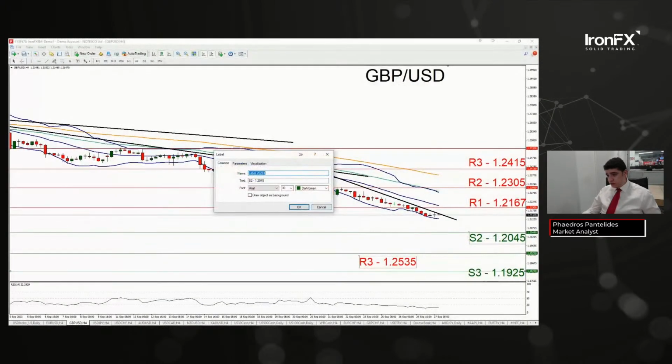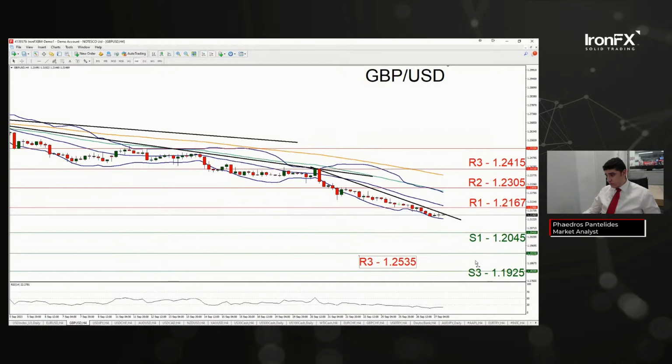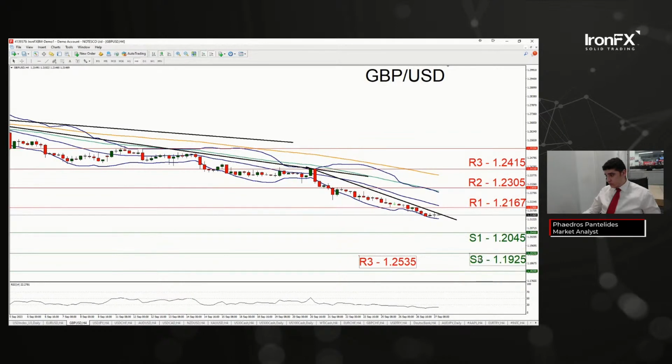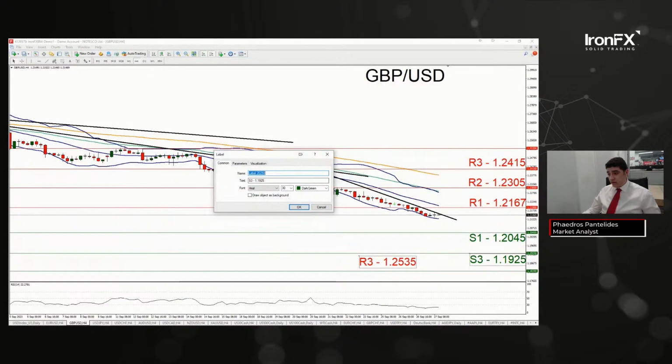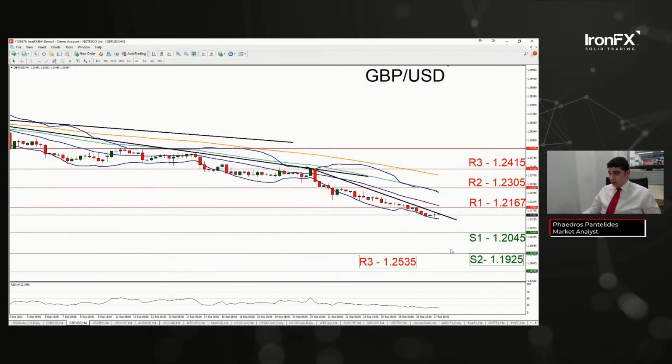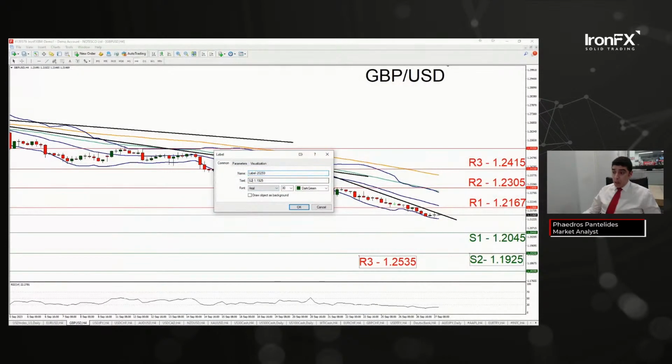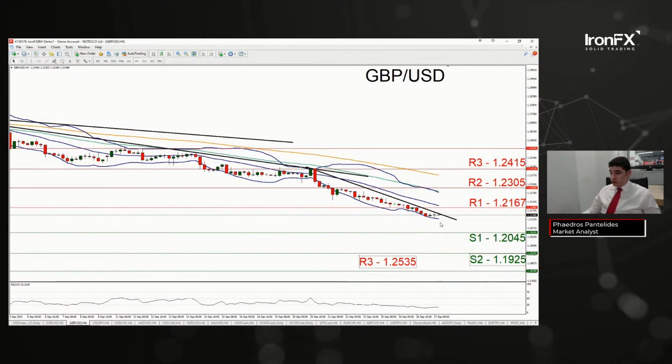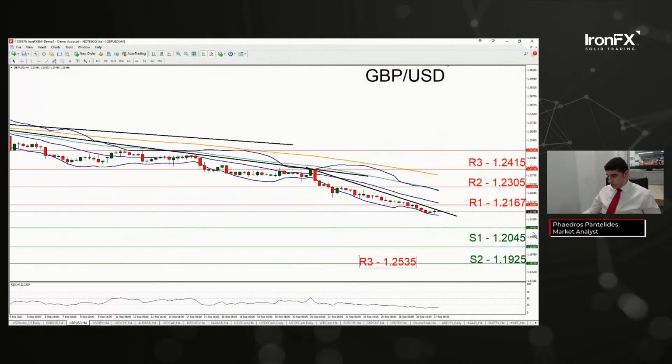And we have S1. S2. And we have our new S3. As is usual, my own personal preference is taking the opening and closing bullish and bearish candles as a sign of more significance rather than simply using the wicks.